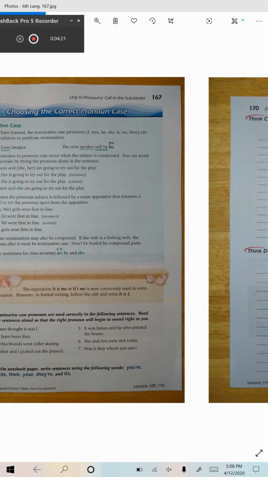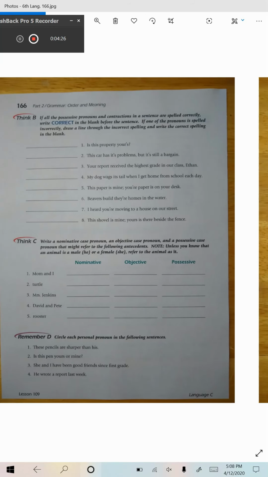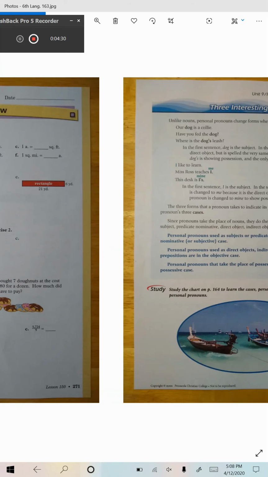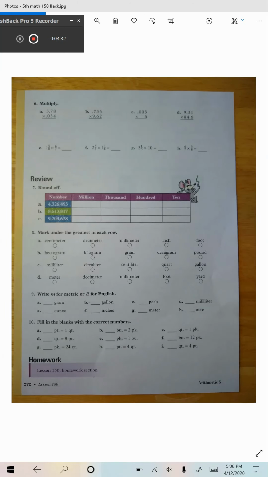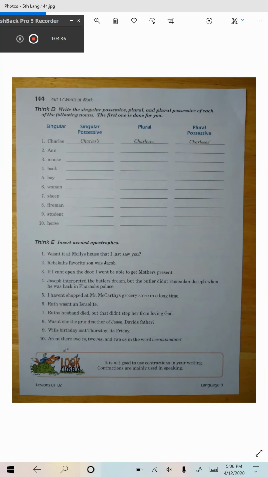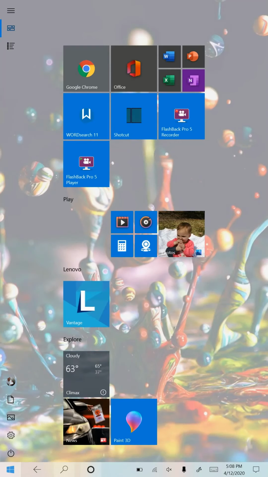Why am I going right from 167 to 170? Uh-oh, we may have pictures messed up. I'm going to get onto the whole big thing here. Oh, you know what?